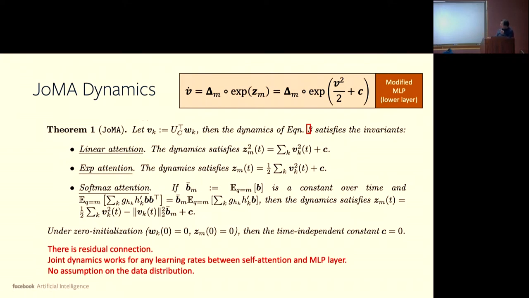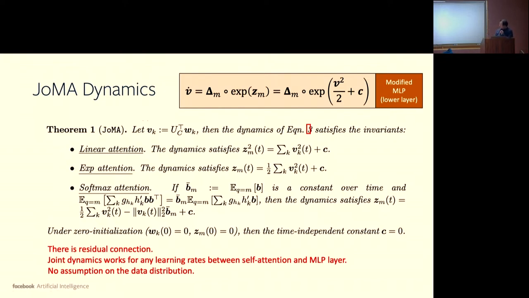Once you have that equation, you can forget about the self-attention layers, and just plug this equation into your dynamics, and it will give you something like that. So this equation tells you the story of both self-attention plus the MLP lower layer. Then you can use that equation to analyze the dynamics of the transformers.